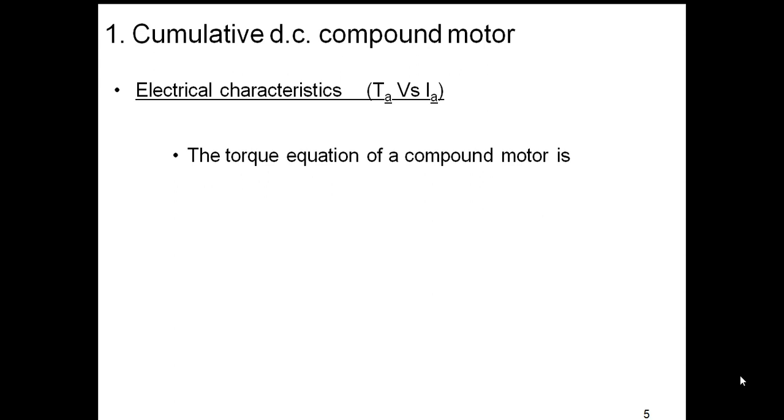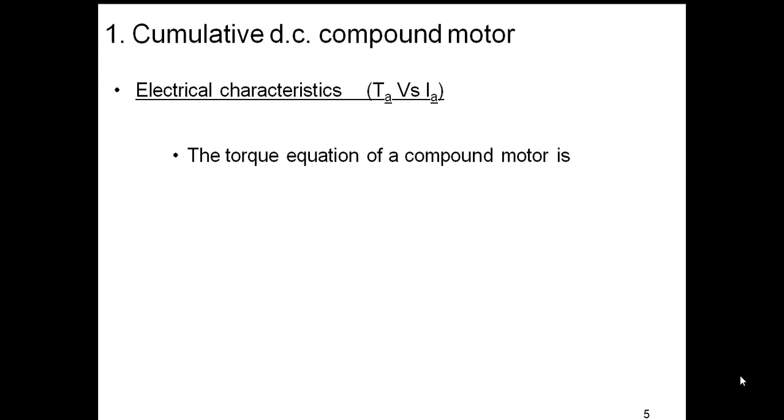And we know the torque equation of a DC motor, that is TA is directly proportional to phi, means flux, and IA, means armature current.